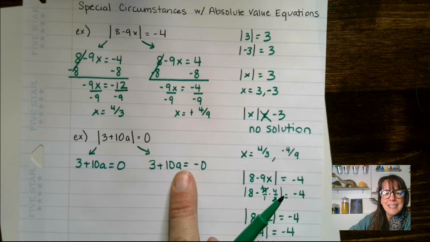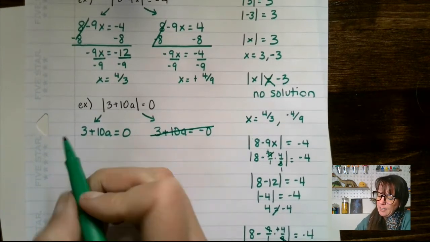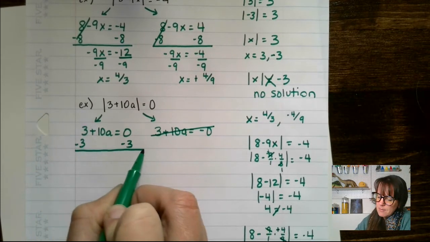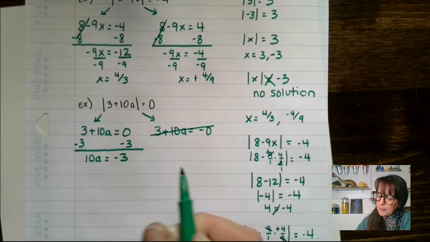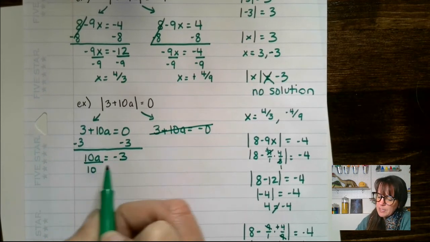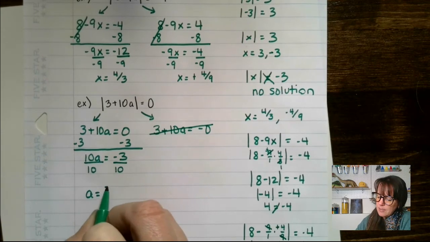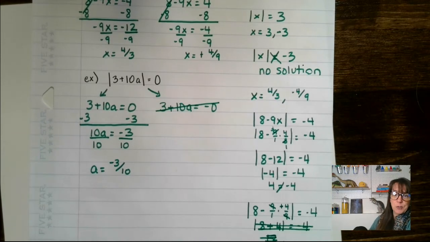So we're going to get the same answer. So we can just cross this guy off and say, let's minus 3 from both sides. We get 10a equals negative 3. Divide both sides by 10. We get a equals negative 3 over 10. So there's our one solution that we get.